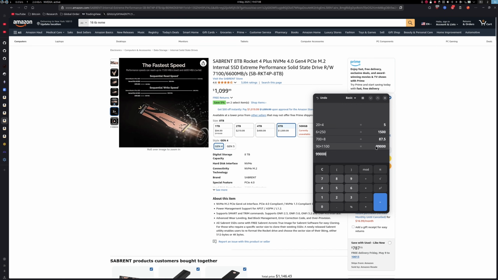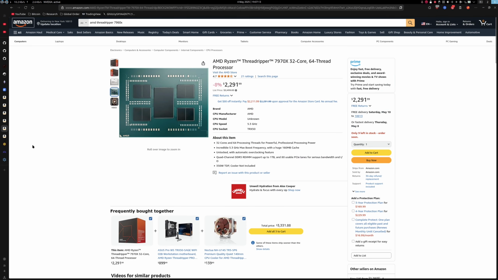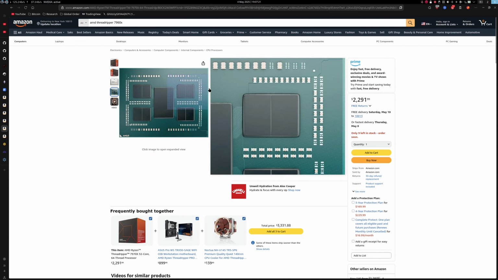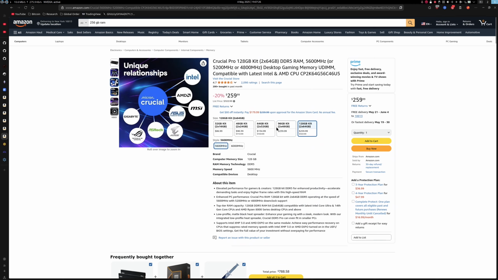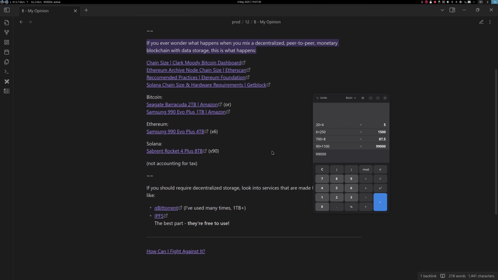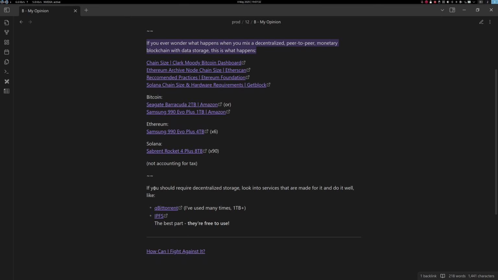That is about $100,000 in storage, plus extra hardware you need to run the node. So a $2,000 CPU and a terabyte of RAM, and that's just the system requirements to run the Solana blockchain.